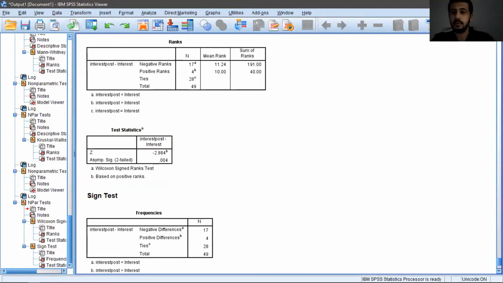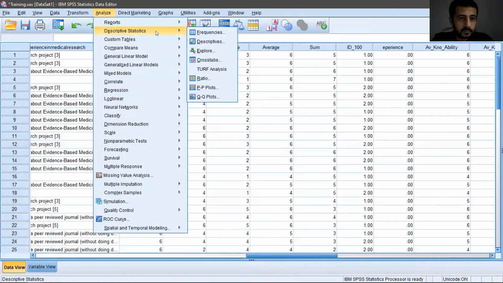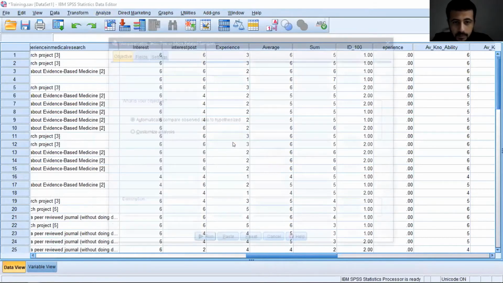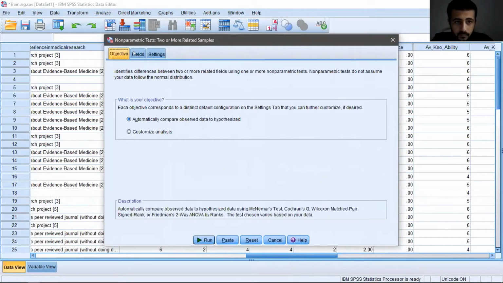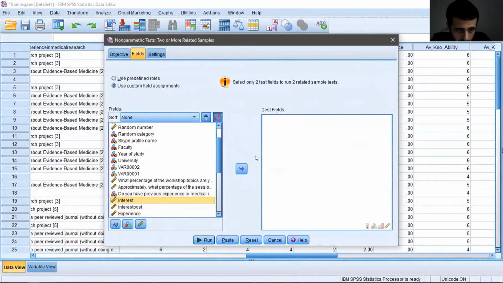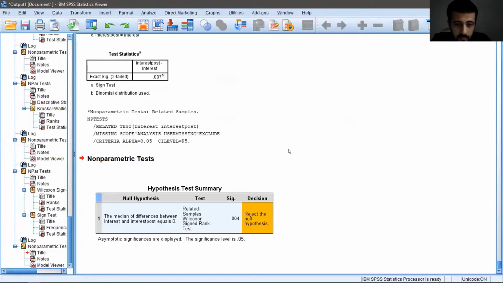If you want to do it another way, analyze, non-parametric, related samples. Interest and interest post. Let it choose automatically, and let us see.